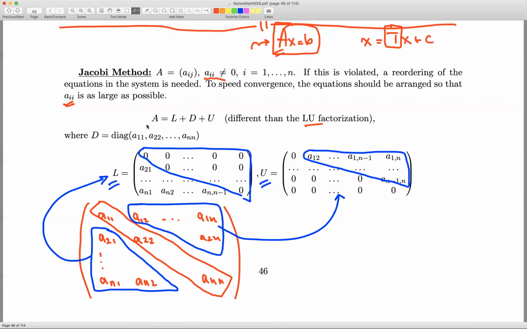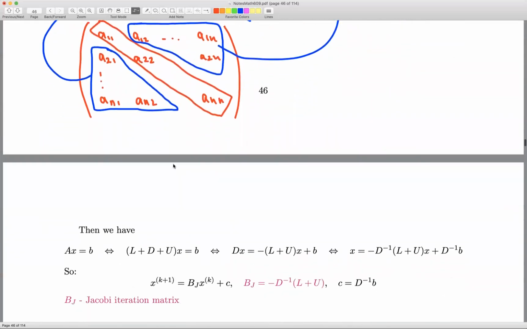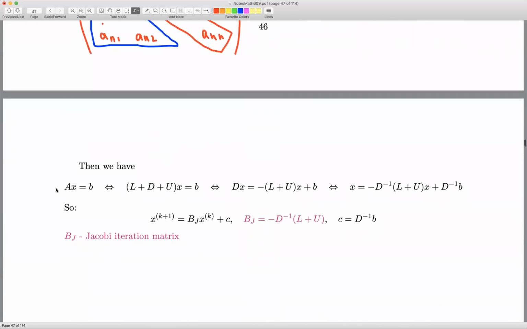So once we have this representation for the matrix A, we go back into the system AX = B and write down what A is. As I said, we write A as this strictly lower triangular part, the diagonal part, and the strictly upper triangular part.